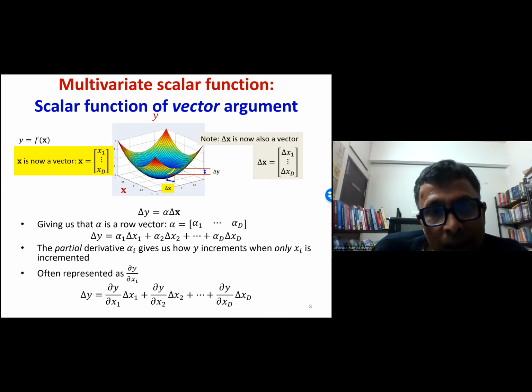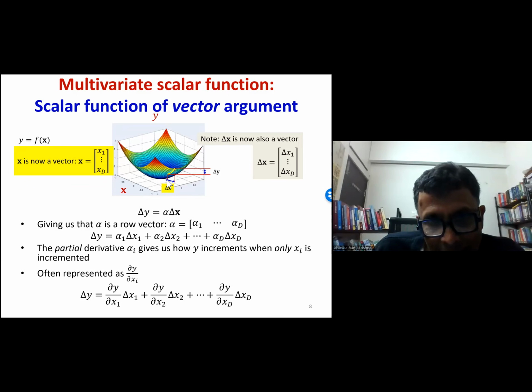Now, suppose I have a multivariate scalar function. So x is now a vector. If x is a vector and y equals f of x, where y is a scalar, in this case too, I can still use the same formula for derivatives.